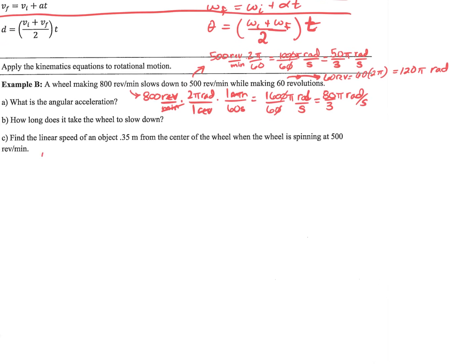We've got omega initial is 50 pi over 3 radians per second. I'm sorry, this is omega final. This is omega initial because it's 800, right? So it's 80 pi over 3 radians per second. And we have theta, which is 120 pi radians. So those are our givens, aren't they?